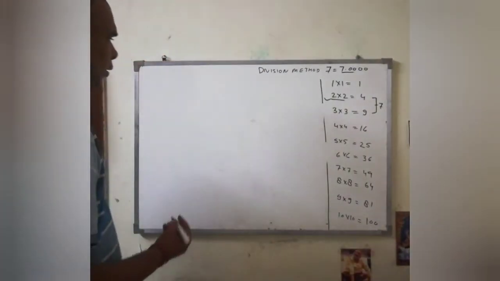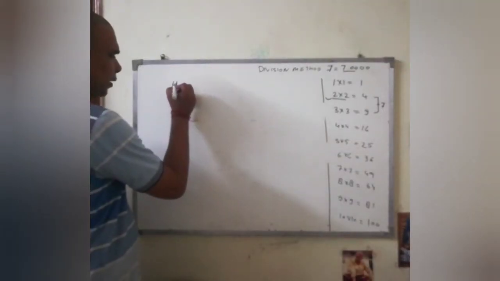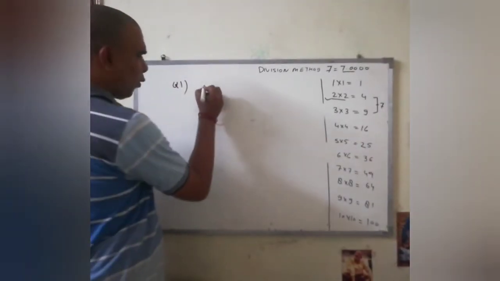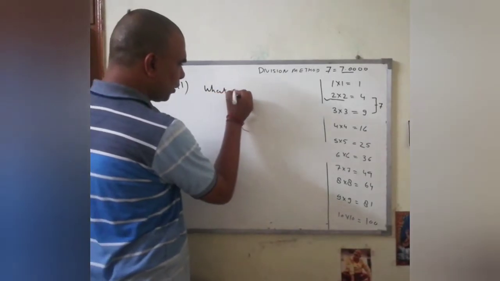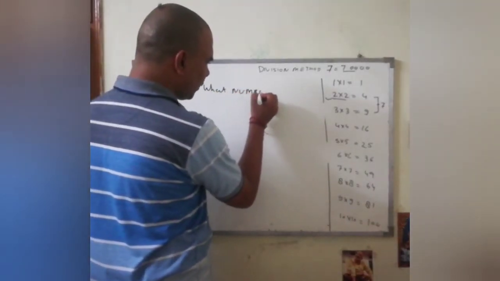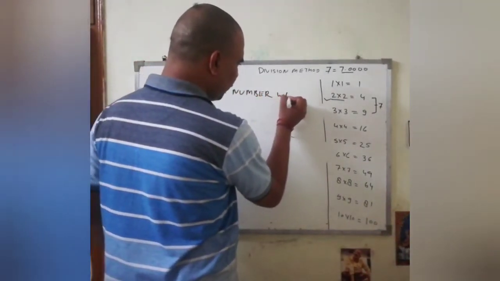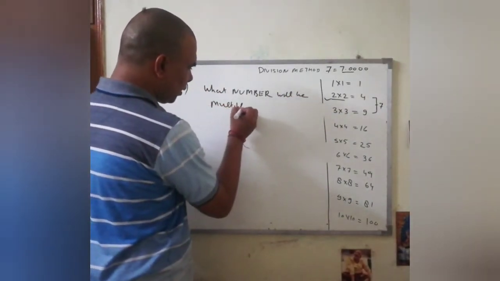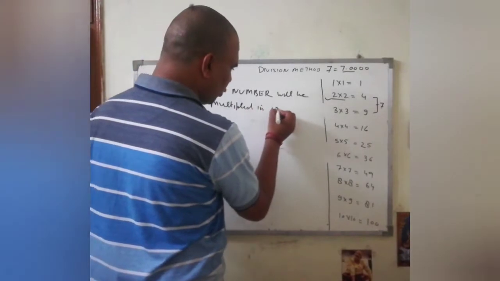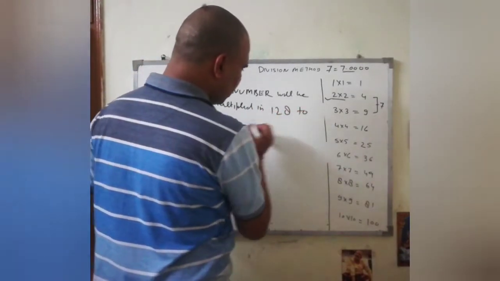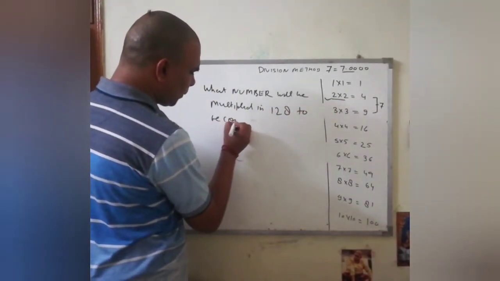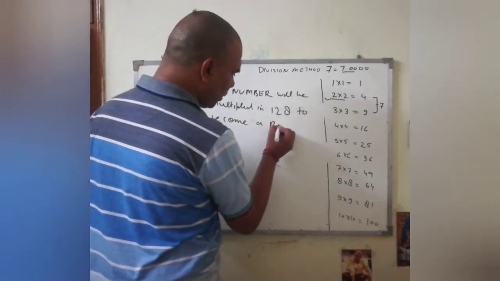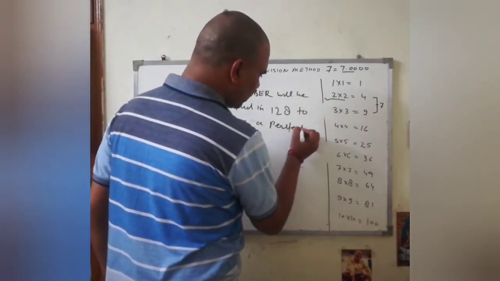So the first word problem is: what number will be multiplied in 128 to become a perfect square?